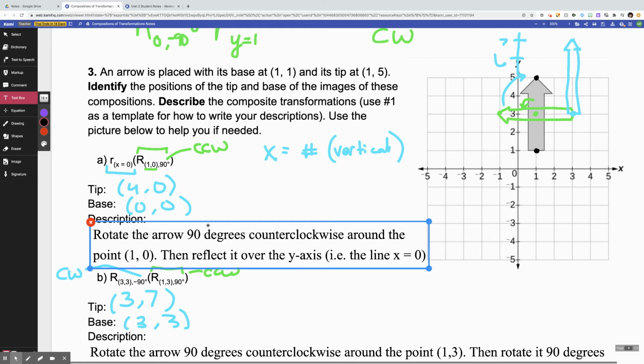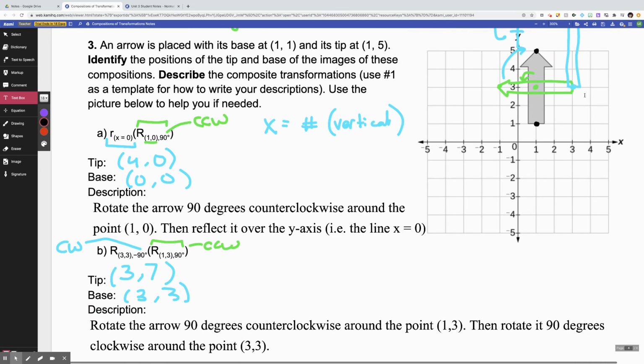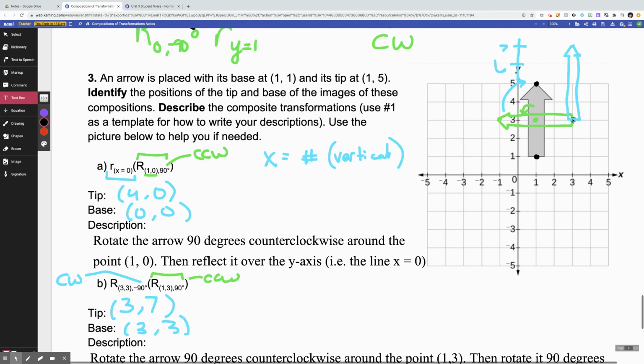Okay, then after we rotated it 90 degrees counterclockwise, we needed to rotate it negative 90 degrees, so 90 degrees clockwise, around a different point, the point 3, 3, which is this point here. Essentially, we took this whole green arrow and swung it all the way up around this point.